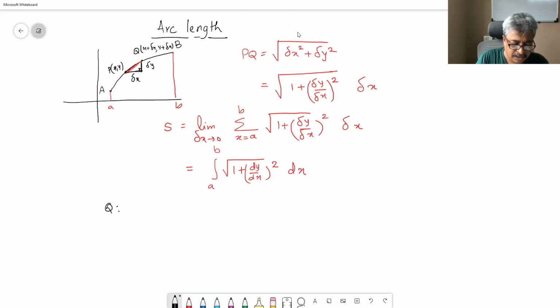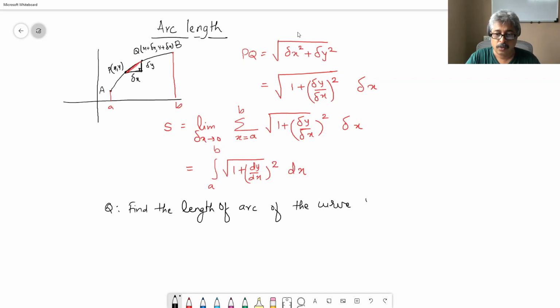Find the length of the arc of the curve y square is equal to x cube from the origin to the point (4, 8).